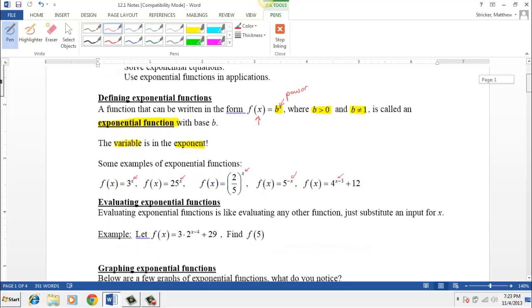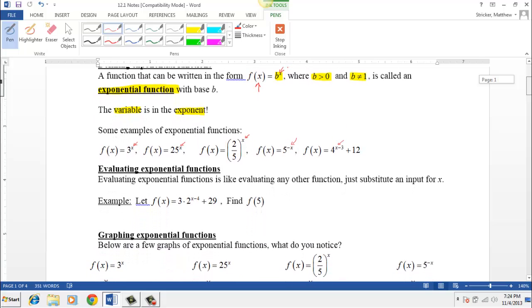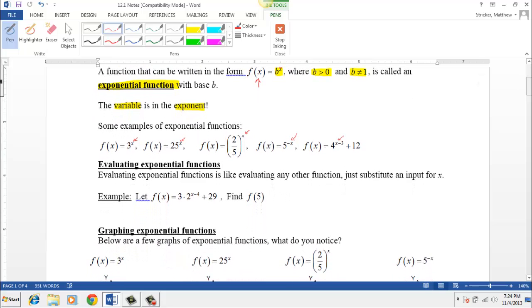One of the first things we'll do is evaluate a function. We should all be comfortable doing this with exponential functions because it's the same exact concept as with any other function. If we want to find f of 5, that means we put 5 in for x. So this is going to be 3 times 2 raised to the 5 minus 4, plus 29.